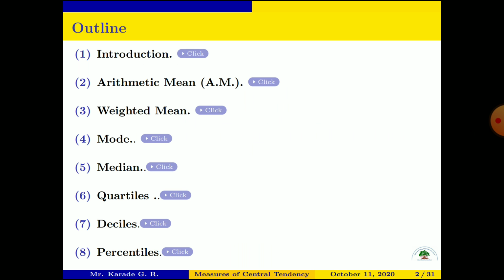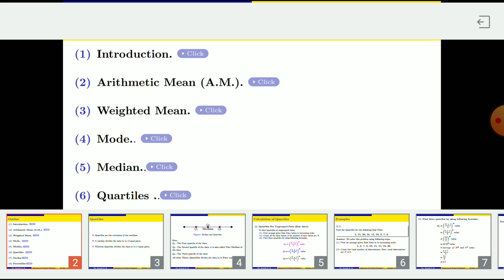In the last two lectures, we defined what is meant by quartile, and we studied how to find quartiles for given raw data. After that, in the next lecture, we saw how to find quartiles for ungrouped frequency distribution. But in this lecture, we see how to find quartiles for grouped frequency distribution.